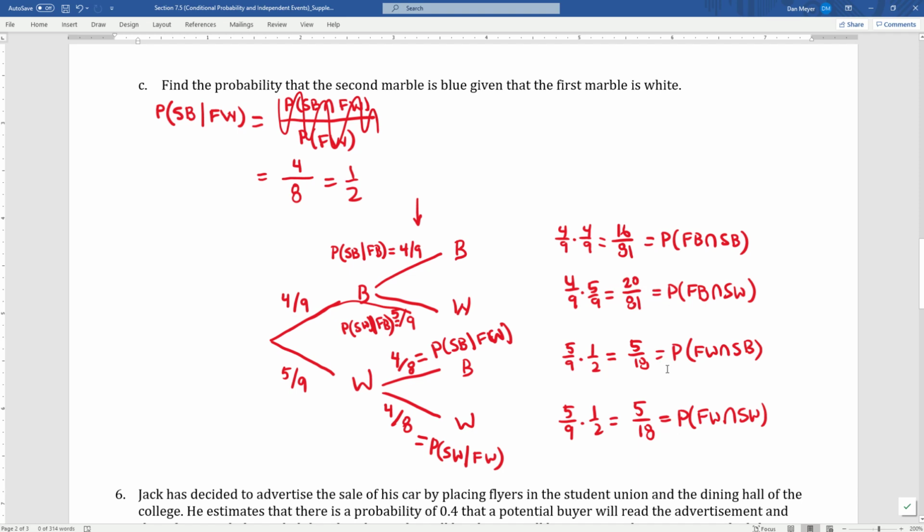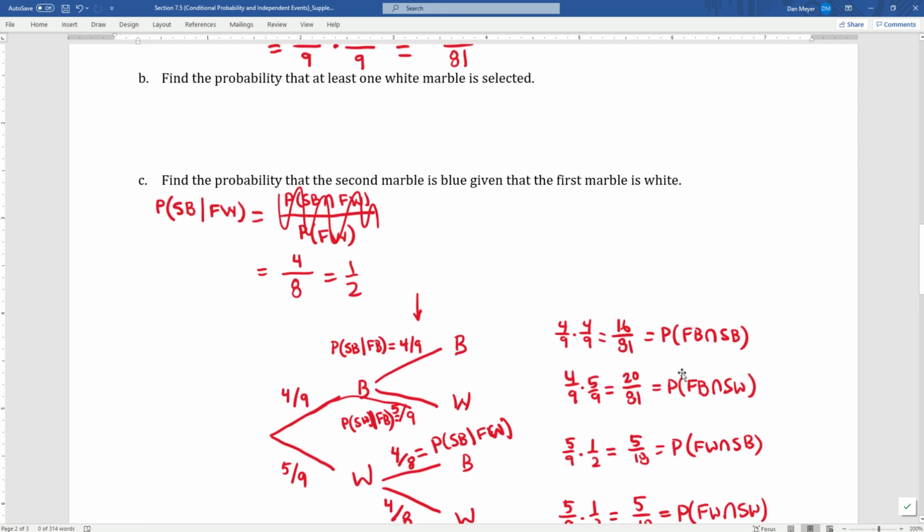If we add them together, 20 over 81 plus 5 over 18 plus 5 over 18, let's see, that's 20 over 81 plus 10 over 18, which is the same as 5 over 9, which is 20 over 81 plus 45 over 81, which is 65 over 81.